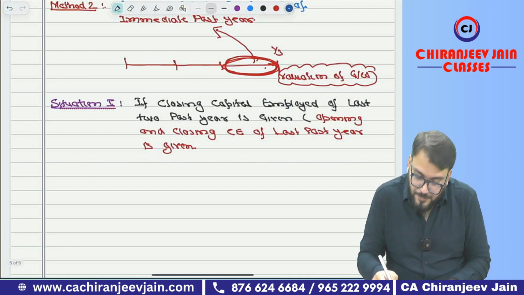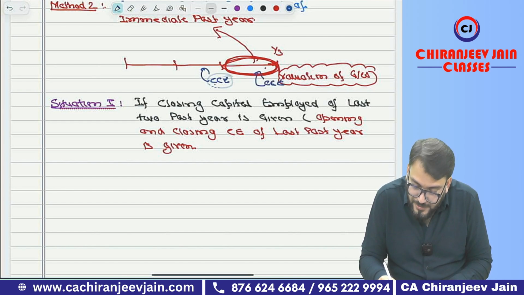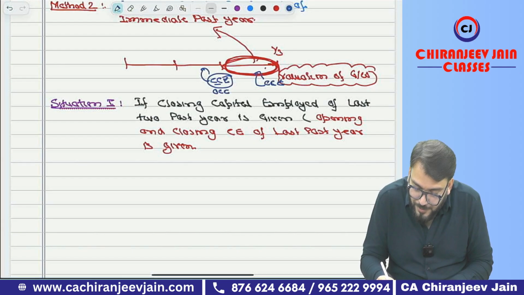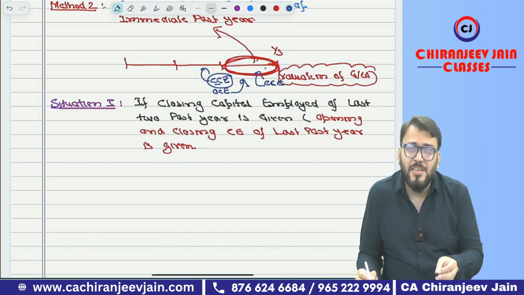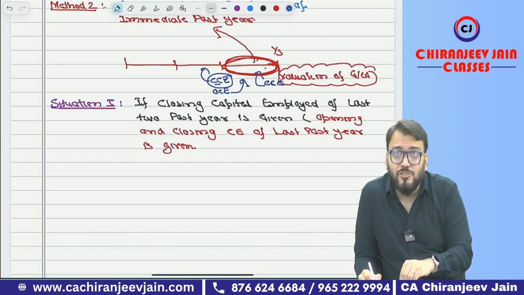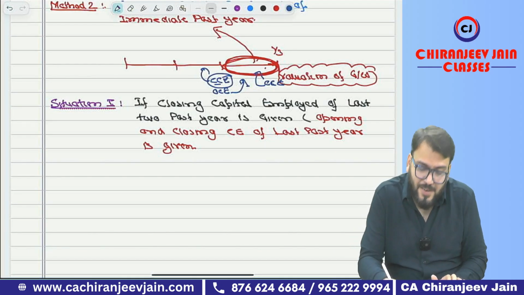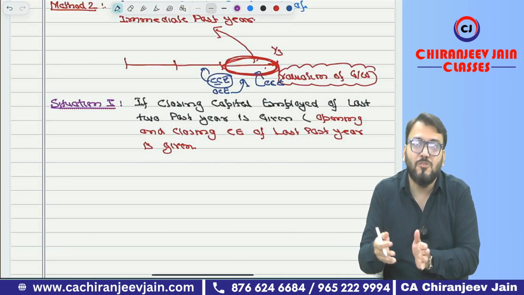Given means this is the closing capital employed of this year, and this is the closing capital employed of the earlier year, and this closing capital employed is nothing but the opening capital employed of this year. Either the closing capital employed of last 2 years is given, or opening capital employed and closing capital employed of the last year is given. Both are same or not? Yes sir. In this case, average capital employed will be opening plus closing divided by 2.